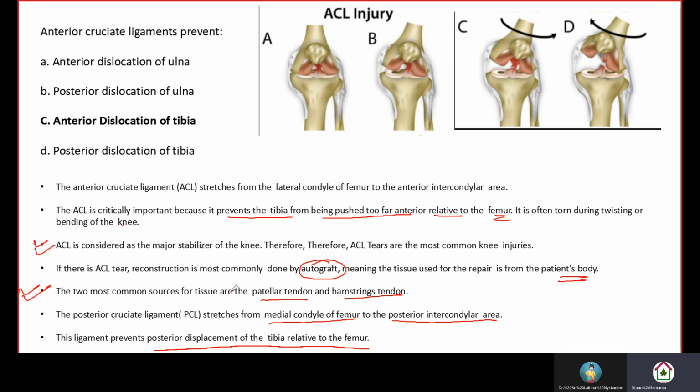Okay, so posterior displacement, posterior dislocation of the tibia is PCL. This is ACL: anterior cruciate ligament, anterior dislocation of tibia. Posterior cruciate ligament, posterior dislocation of tibia.